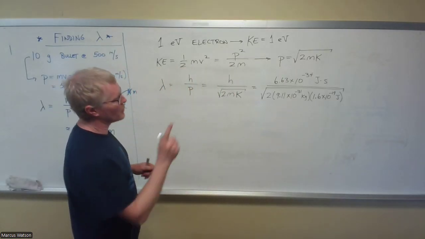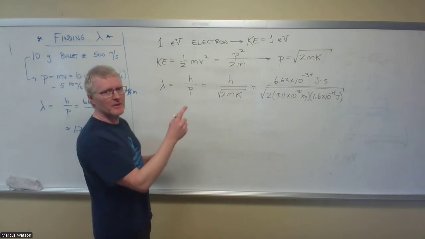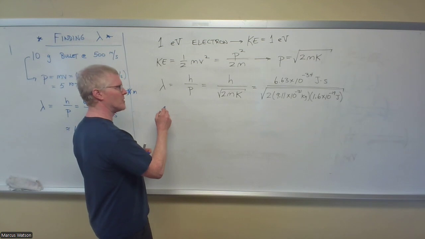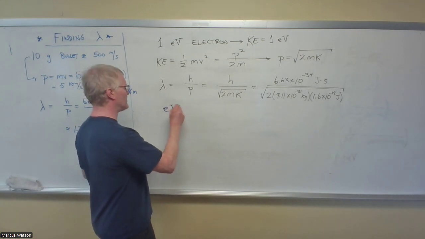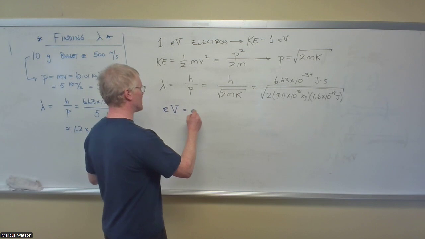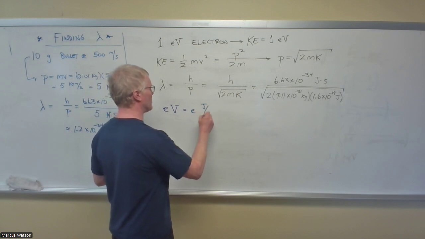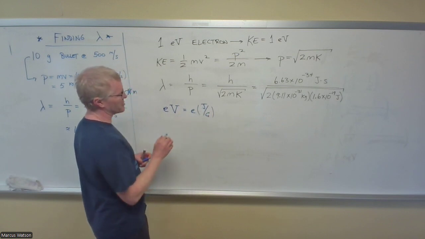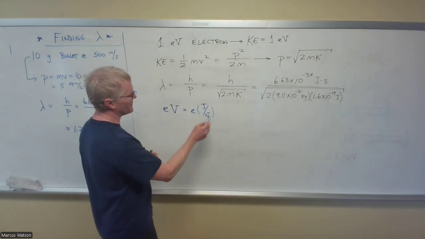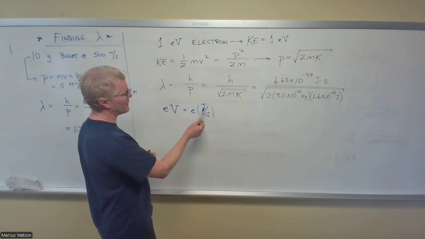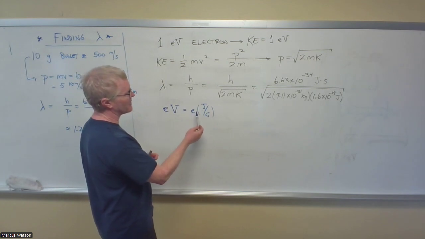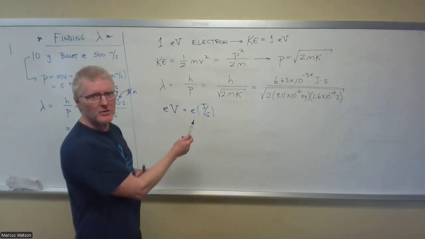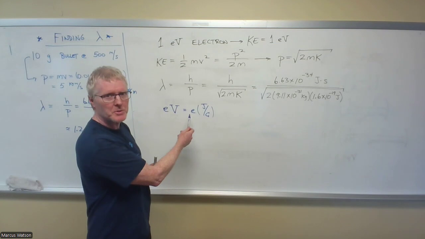If you're interested in why that is, I don't know if we've gone over the conversion factor for that. I think we haven't. So an electron volt is the same thing as an electron charge times a joule per coulomb. A voltage is basically an energy per charge. And so what you're really doing here is saying the amount of energy in 1 coulomb is such and such amount, but you don't have 1 coulomb, you have only an electron.